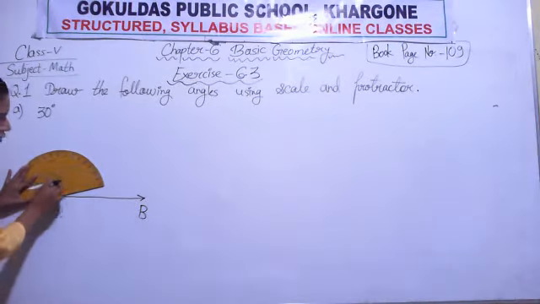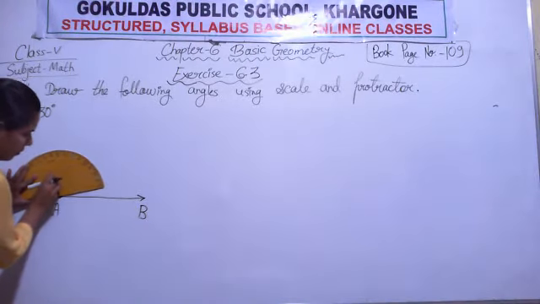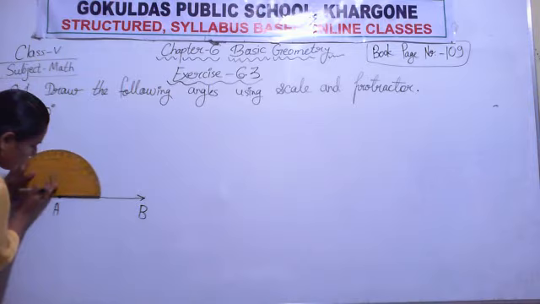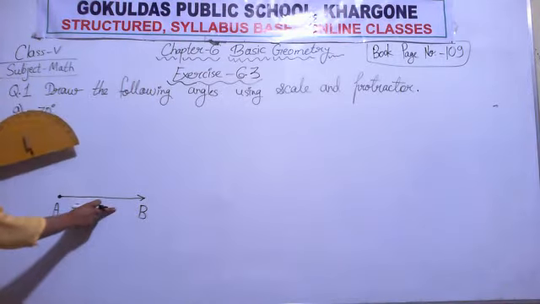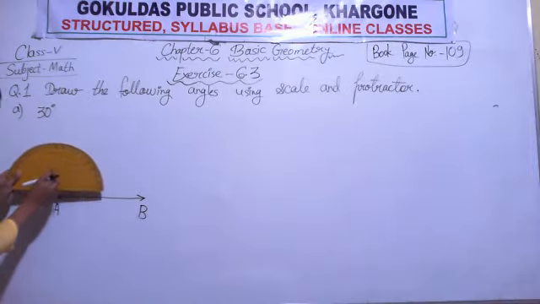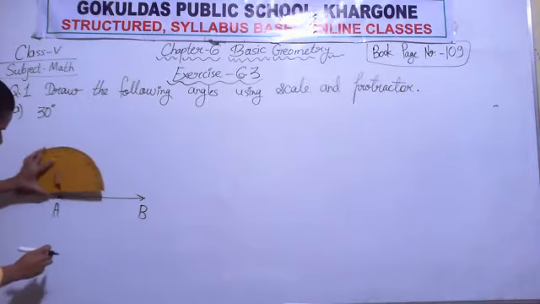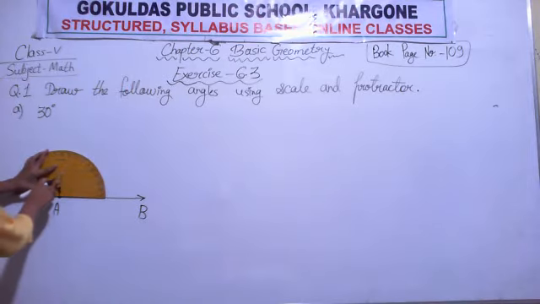Remember, your baseline must coincide with your ray. Your protractor is transparent, right? Coincide the baseline of the protractor with this line, okay? And your center point should coincide with point A. Place your protractor in this manner.